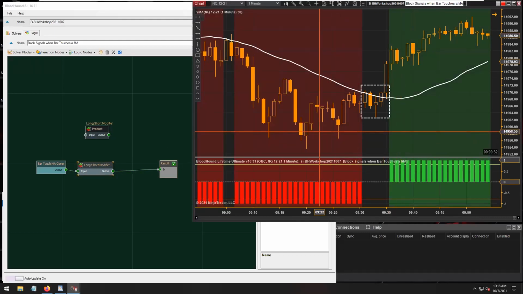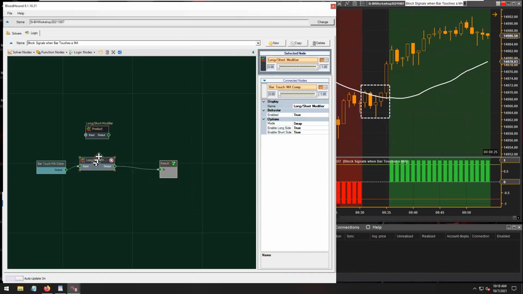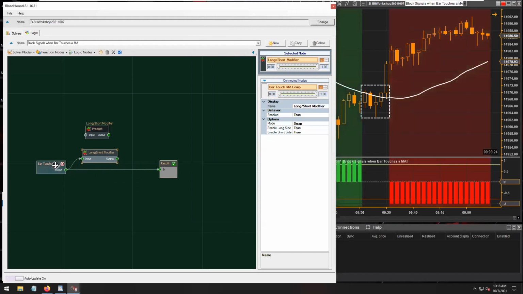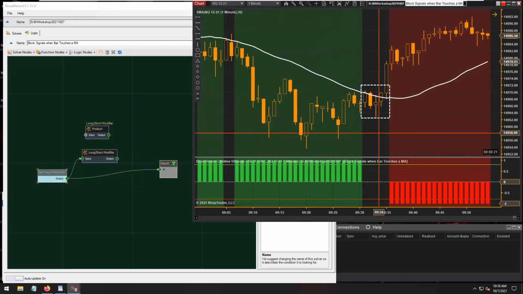So what I'm going to use the long short modifier to do, let's connect that up, is I want to take this long output and also mirror it to produce a short output, and the same thing over here.